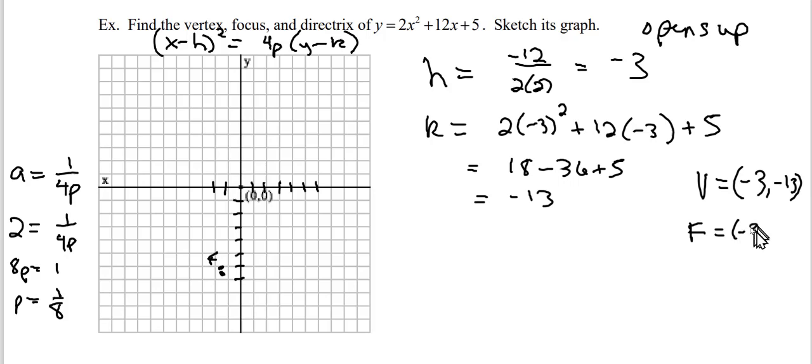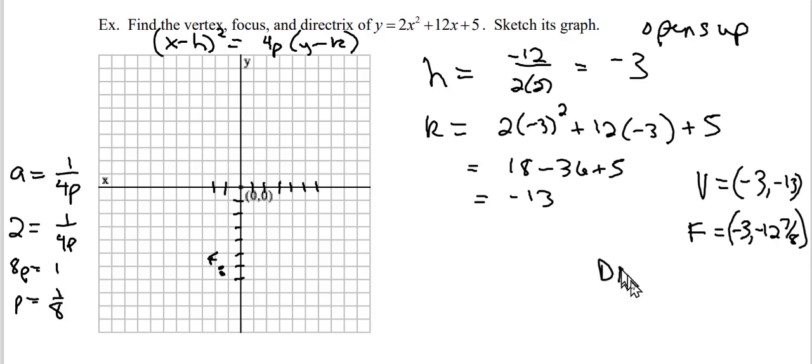That means the x doesn't change, but we need to add 1/8 to -13. That gives me -12 and 7/8. This is an interesting set of numbers here. Small, small, small numbers. So the focus is (-3, -12 and 7/8). Just adding 1/8.